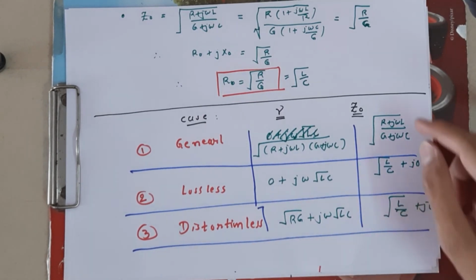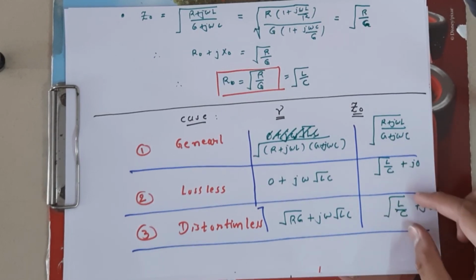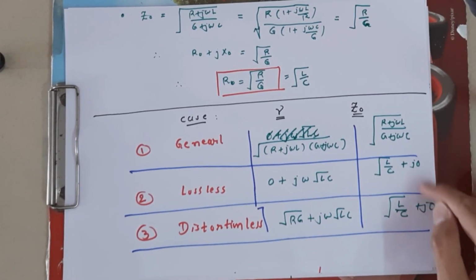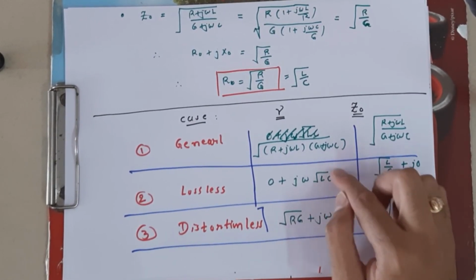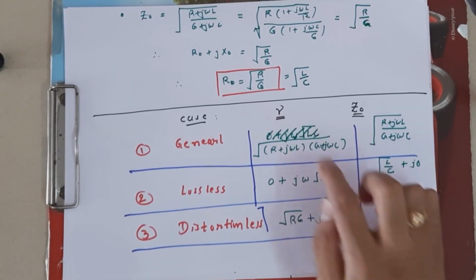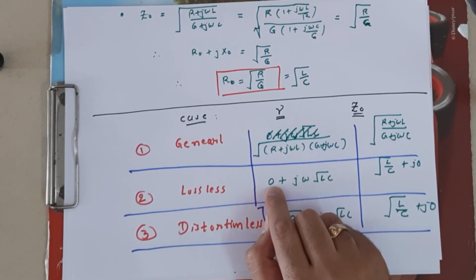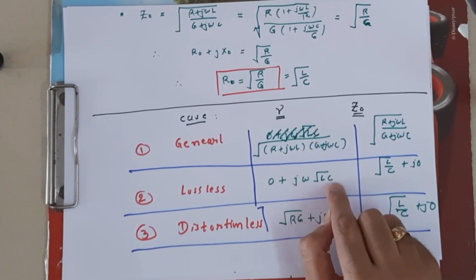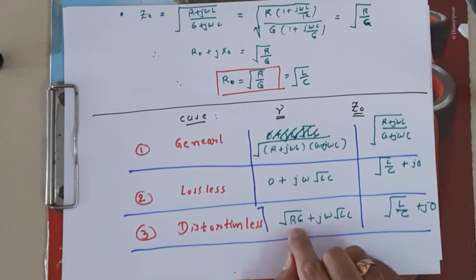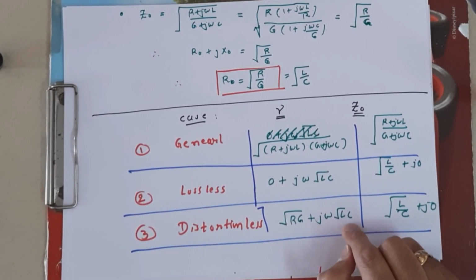Okay, so if you observe, the characteristic impedance for the lossless and distortionless transmission lines is the same. Now the propagation constant for the lossless and distortionless lines: here the value of alpha is 0, but the value of beta is omega under root of LC. But here the value of alpha is under root of R into G, and the value of beta is omega under root of LC.